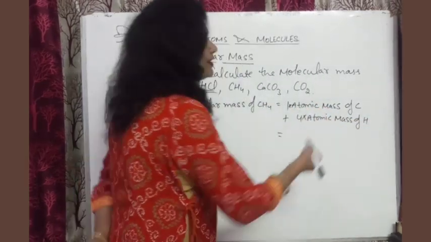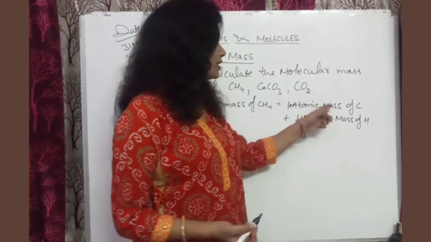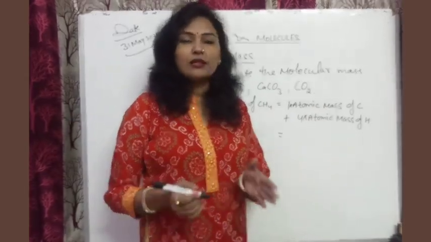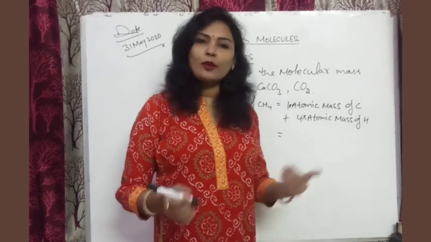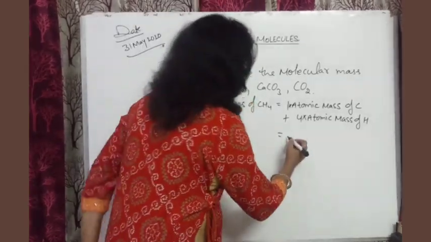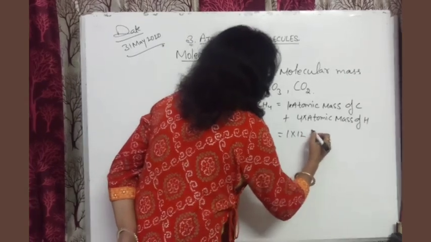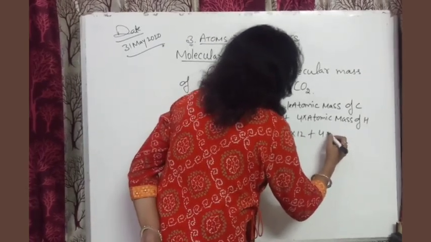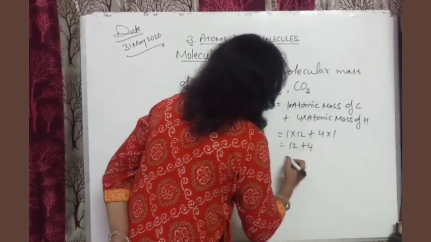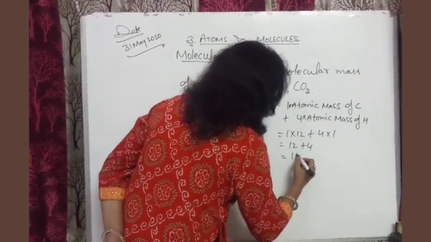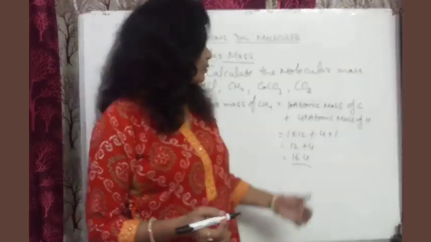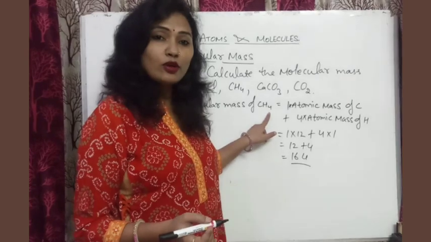The atomic mass of carbon is 12. The atomic number is 6, so most probably atomic mass is double. Now 1 into 12 plus 4 into 1. So we will get 12 plus 4, so 16 U. So 16 U is the molecular mass of CH4 methane.